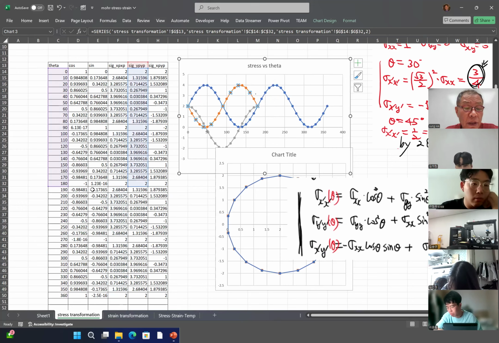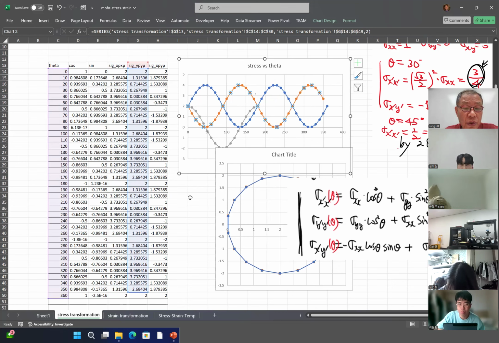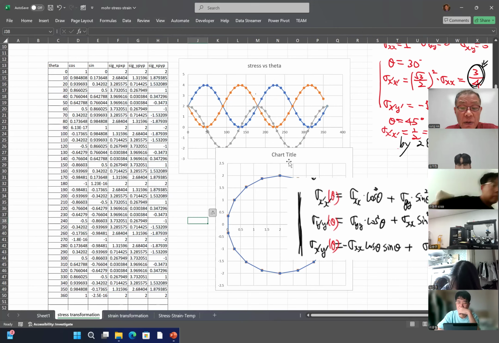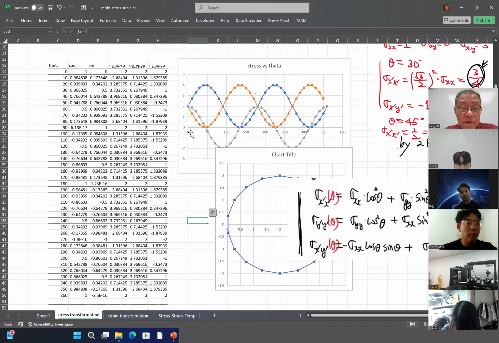I mean, we don't have to do it this way, but I just like to show you one way to cover the range to plot. So simply we cover from 0 to 360.